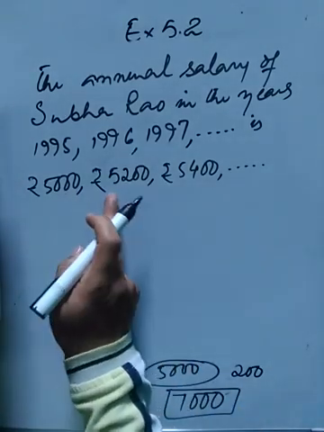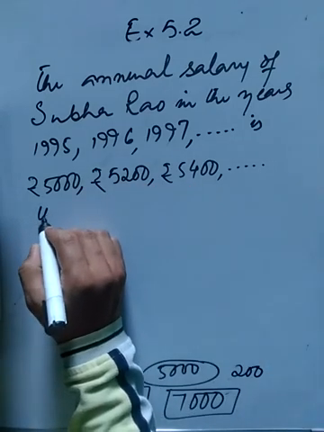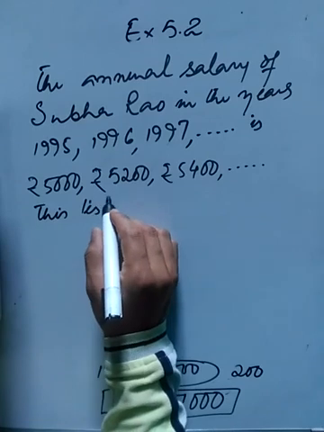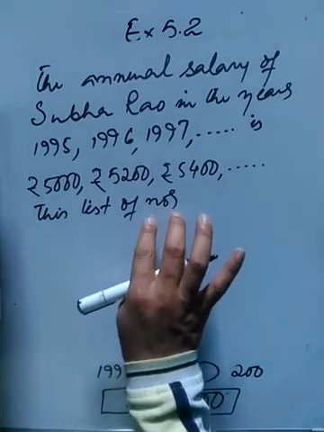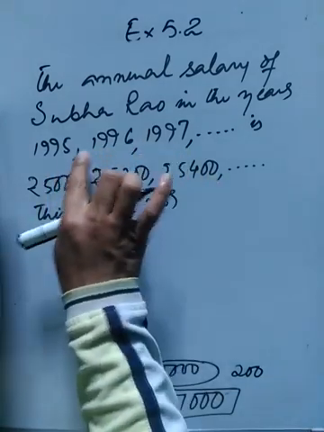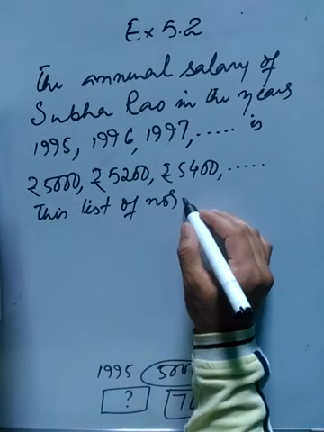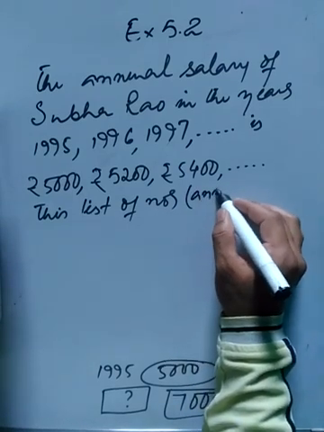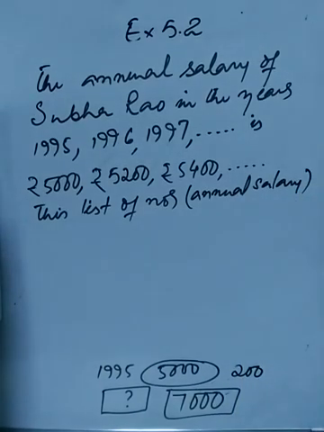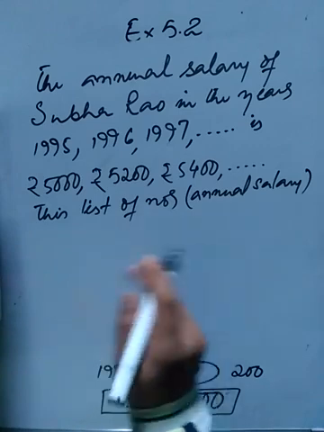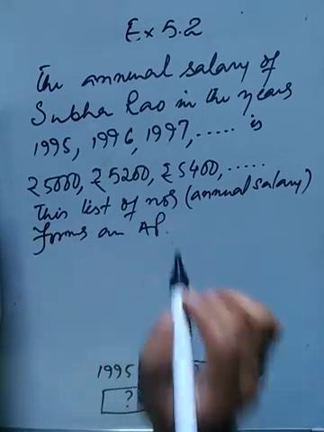Why? Common difference is the same here, 200 increased. Here numbers mean we are not talking about the year, which also increases by 1 each time, we are talking about the salary. So you can just write here annual salary, so that your answer becomes very clear now. This list of numbers forms an AP.